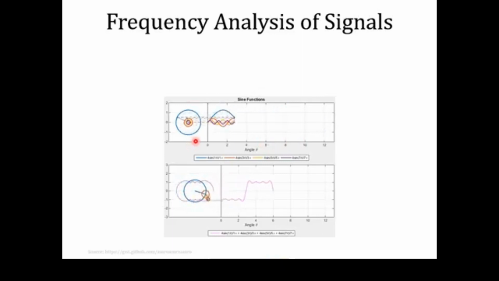So we can also say the resultant complicated looking non-sinusoidal signal is made up of four rotating phasors which are rotating at their own speeds. So frequency analysis or Fourier analysis of signals is also called phasor analysis, because if we want to analyze the non-sinusoidal signal, it means we have to figure out what particular rotating phasors are present in it.